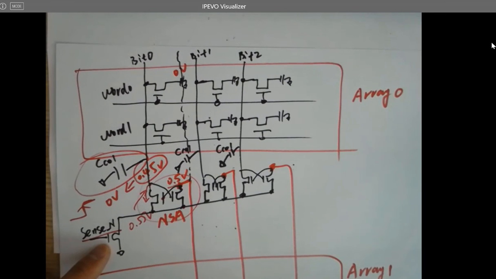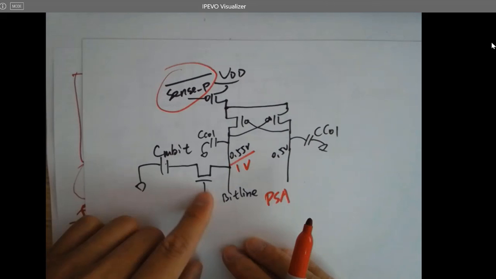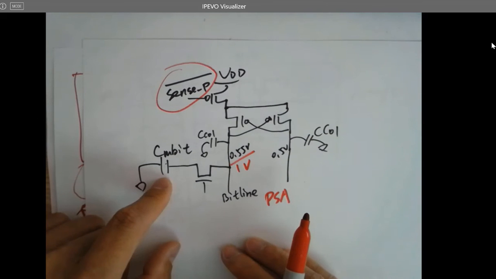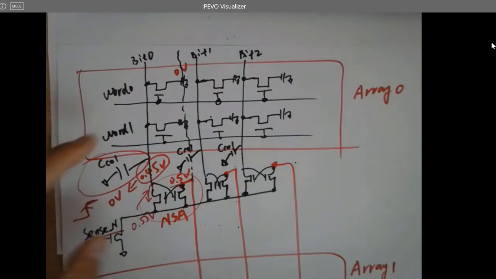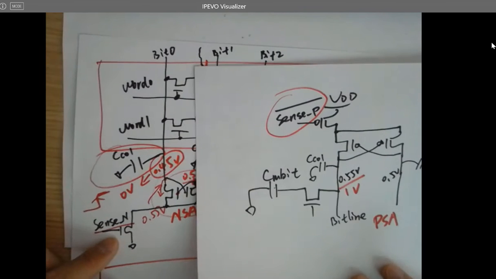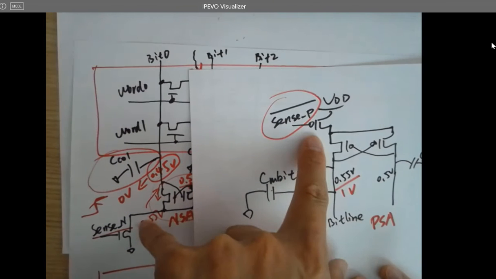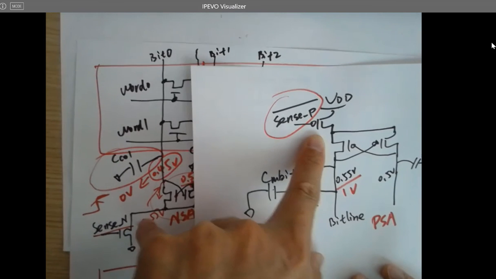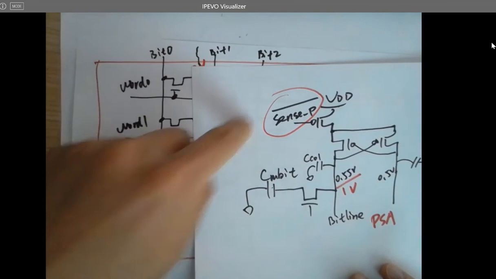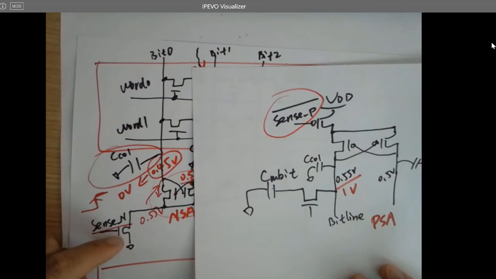Does that matter? Since we don't know if I have 1 or 0 stored in the memory bit at the very beginning, how do you know which one you want to sense? You have 2 switches, one for N, one for P. Does it matter? You just fire one and then fire another one, then read.